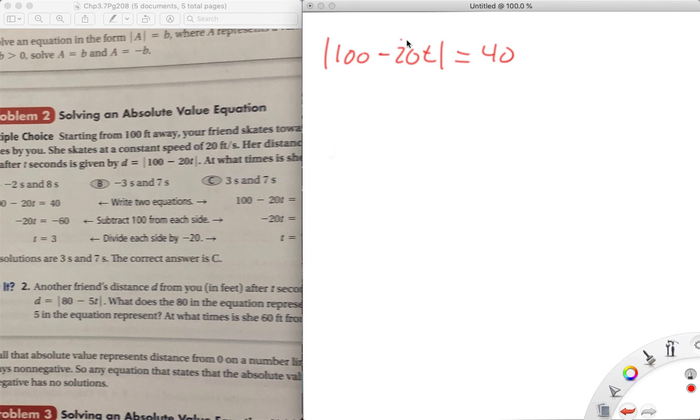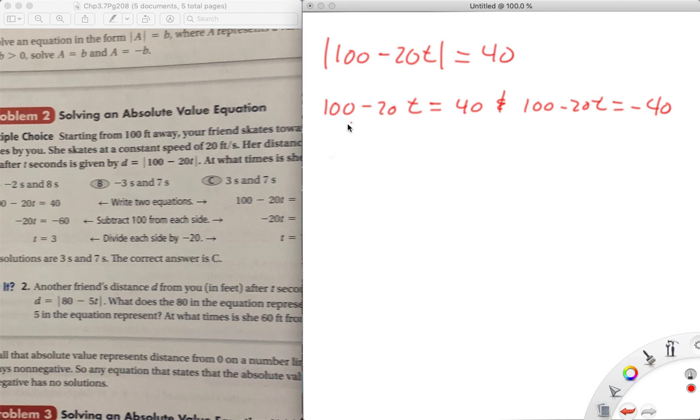This whole expression is inside the absolute value symbol. So this is a positive distance, so we have two scenarios. Scenario number one is going to be 100 minus 20t is equal to positive 40. That's scenario number one. And for scenario number two, 100 minus 20t equals negative 40, in the negative direction. So let's do each one individually.